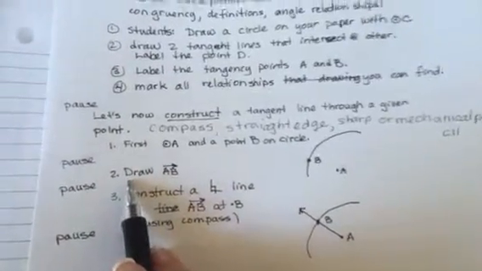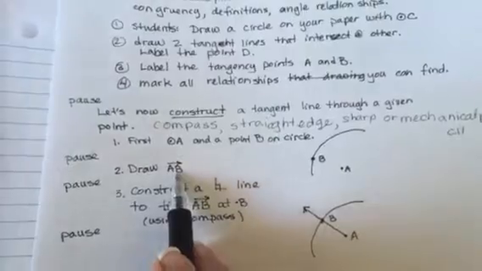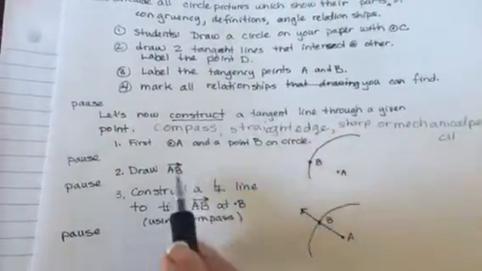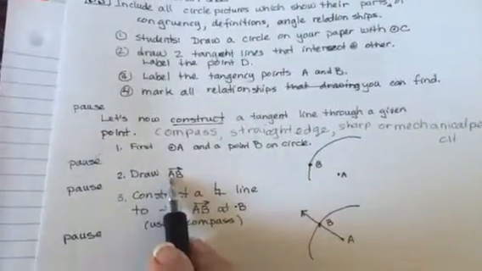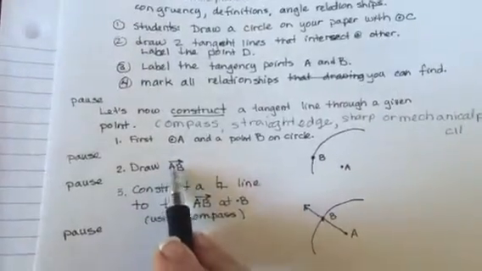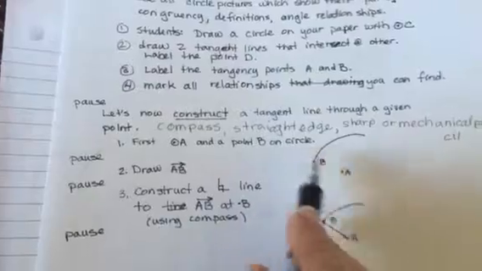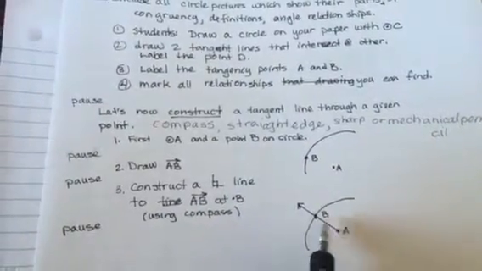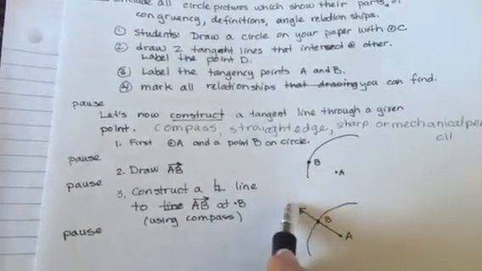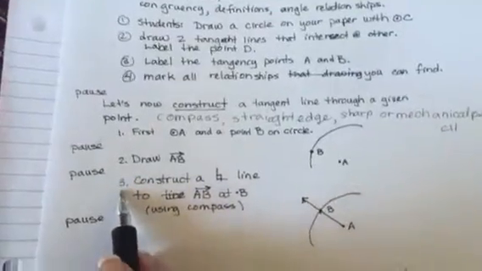Now, after your circle is drawn, you are to draw with your straight edge the radius, but a line going out, ray AB. So from A to B, construct the ray. Pause.